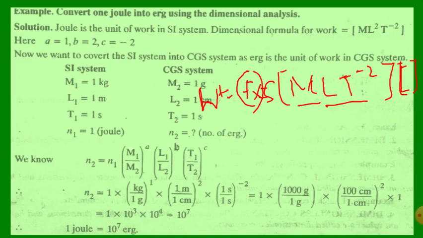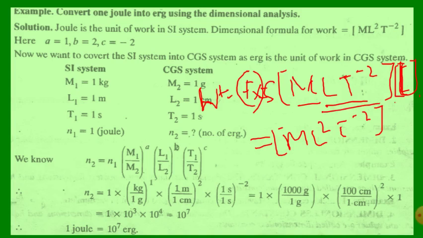Then the work done or the energy will have M L square T inverse square. From where does this L square come? One L is coming from here. Force into distance. So this is the dimensional formula for work.